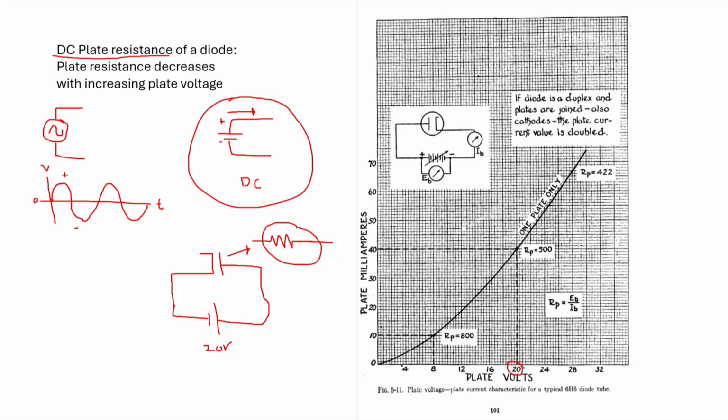We pick 20 volts and we go up on the cause axis, the x-axis. 20 volts is the cause of the current flow, and we intersect the characteristic line right here, and we come over to the effect axis, the y-axis, and we see that we get a flow of current through the diode of 40 milliamps, 0.04 amps.